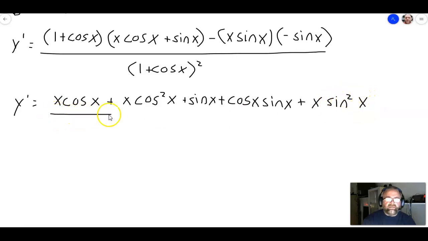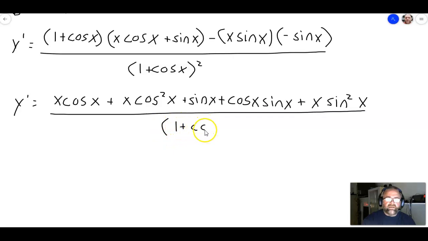And then on the bottom we have 1 plus cosine x quantity squared.